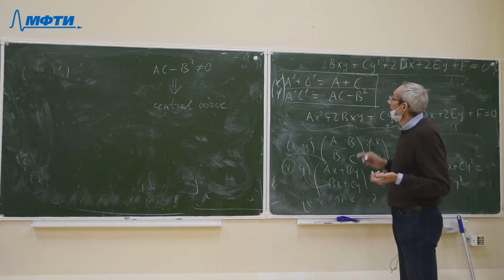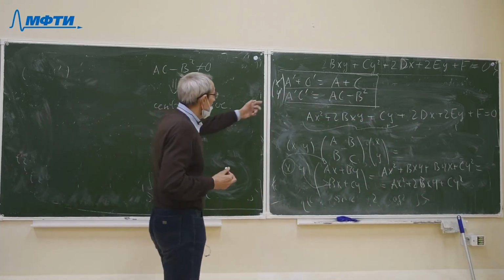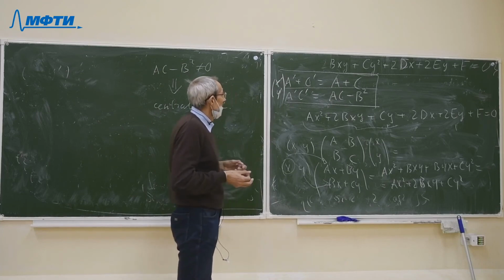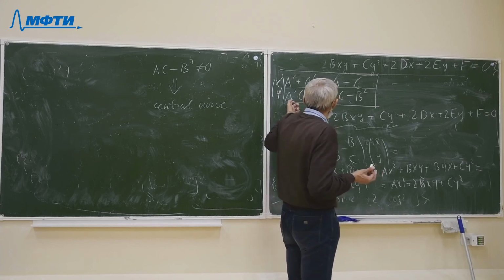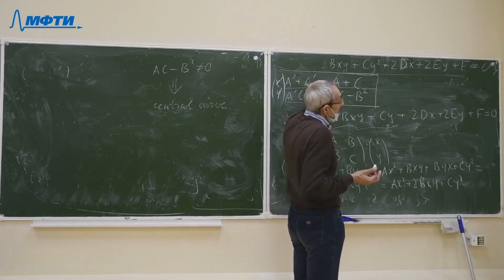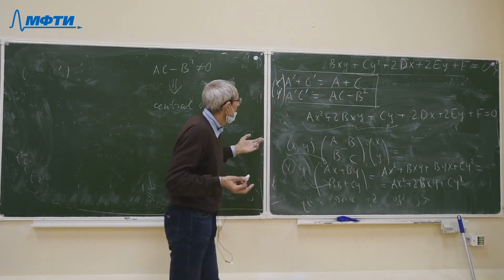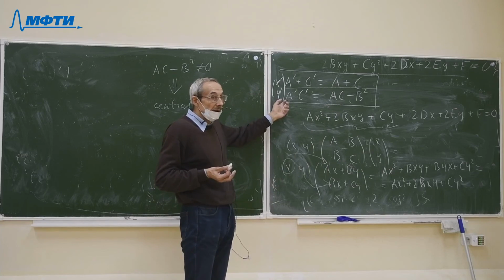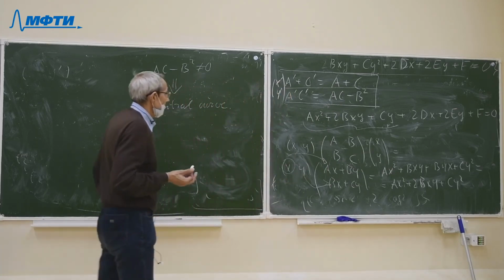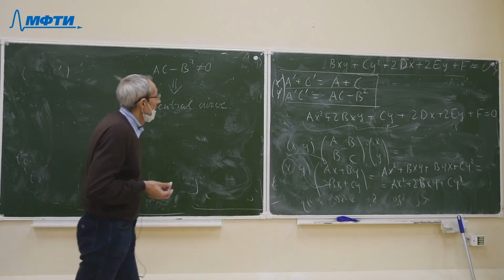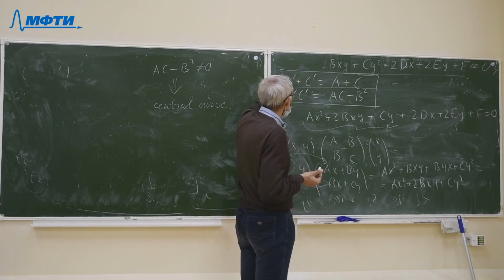Also, we can use this determinant, and for example, if this product is not equal, but this expression is equal to zero, we obtain that in this case we have exactly the ellipse type. Also, we can use this expression as this expression.